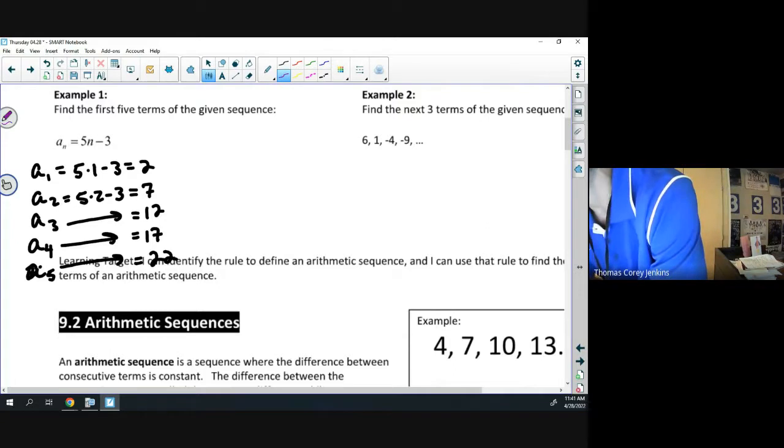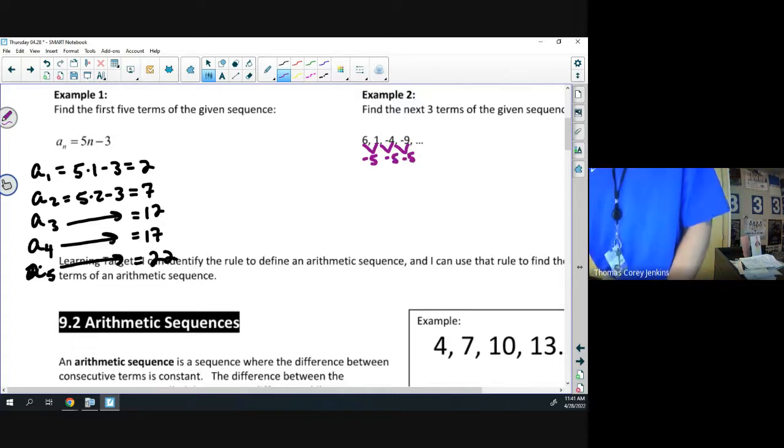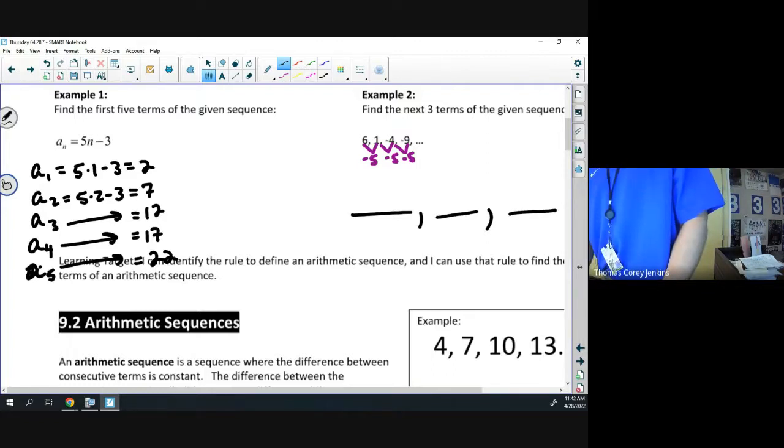So your success level in this is, the quicker you can recognize that, the better off you're going to be, right? So our next term, we could call it A sub 5, or we can just fill in the blank. Negative 9 minus 5 is negative 14. Negative 14 minus 5 is negative 19. And then negative 19 minus 5 is negative 24.